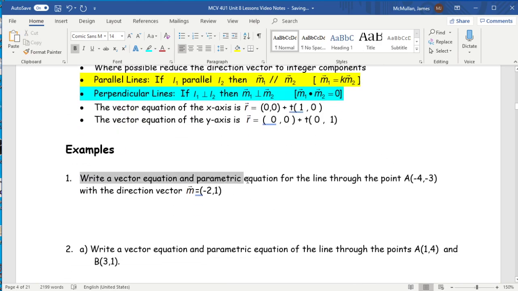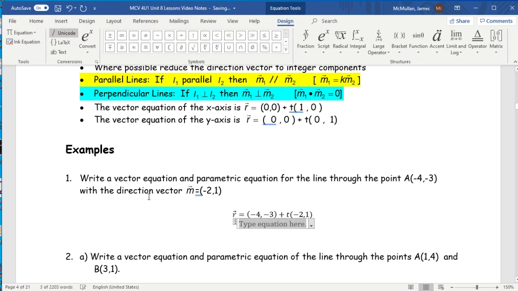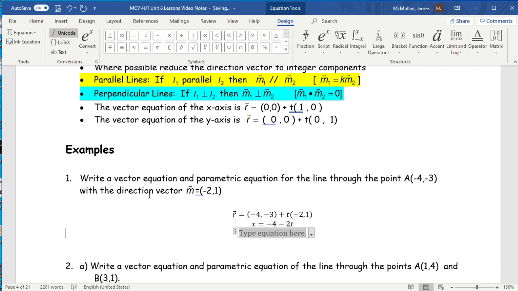It says write a vector equation and a parametric equation through this point with that direction vector. So again, we say r vec is equal to the point -4, -3, plus t times the direction vector. That's it. Again, it's really simple. You just have to get used to it. The x parameter would be -4 minus 2t. The y parameter would be -3 plus t.